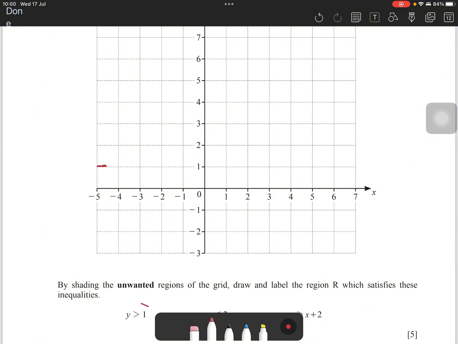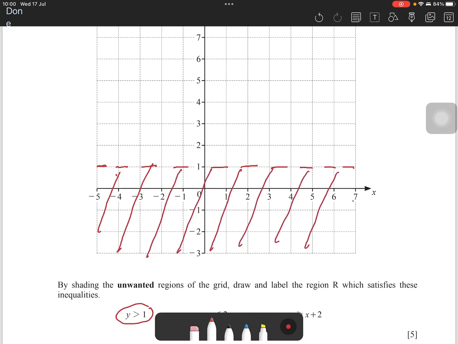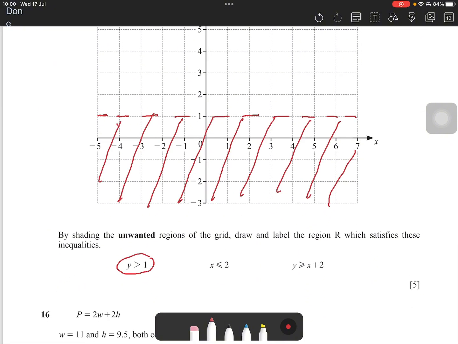But you see that there's no equal sign in this inequality, so we need to draw a broken line. And because we want y to be greater than 1, we need to remove the below section. So that is the first inequality.